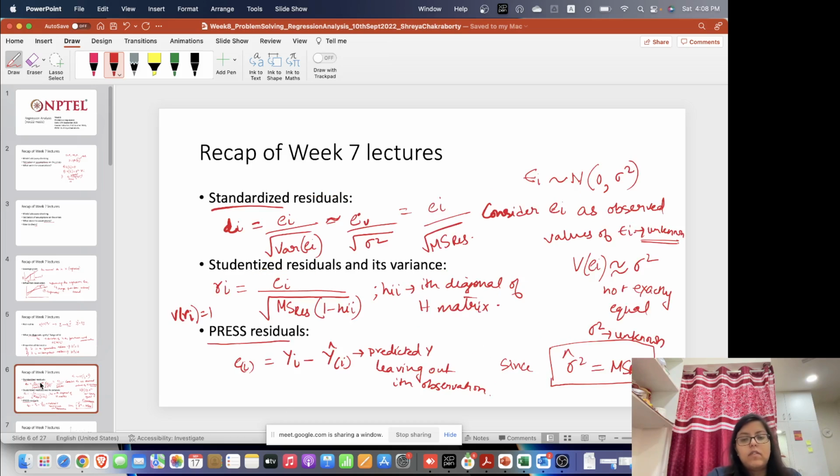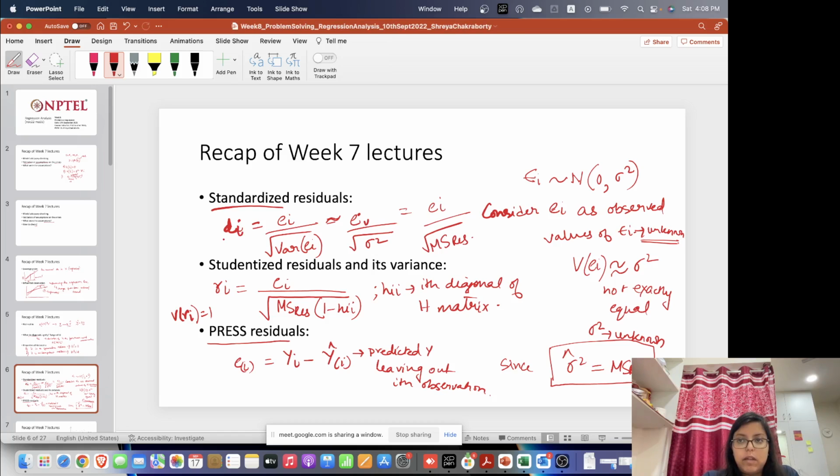Similarly, we learned about types of residuals. There could be the normal residuals, that is the e_i's, and there could be standardized residuals, which are denoted by d_i.